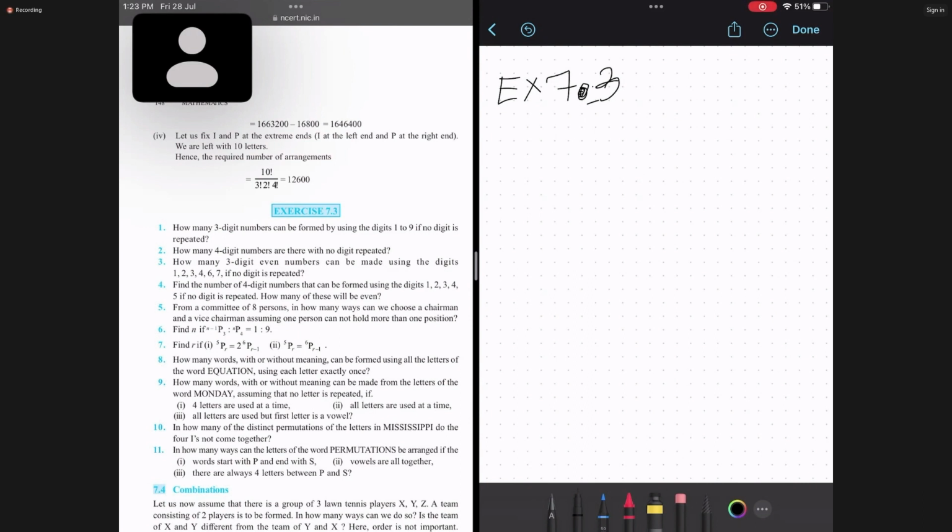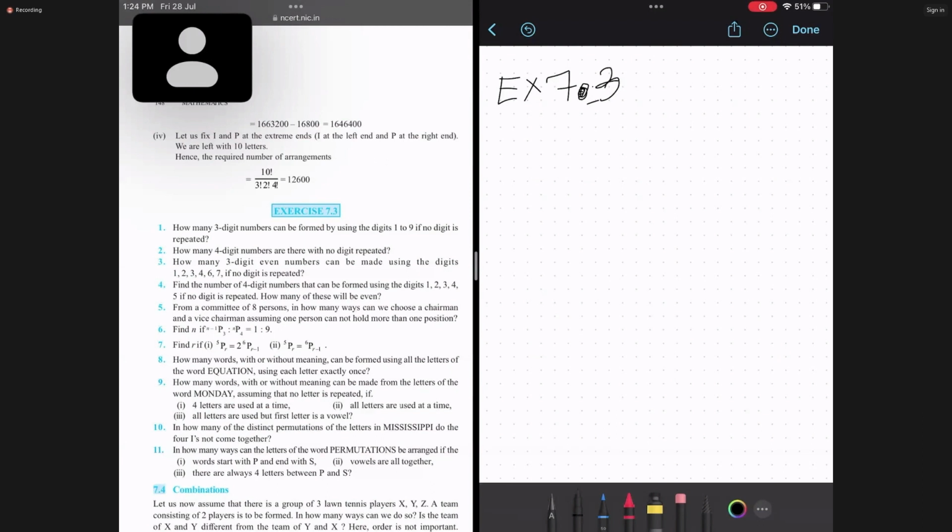The way we approach such questions is, we first calculate all the distinct permutations of the word Mississippi that are possible, and from this we subtract all those permutations where all the 4 I's are together, correct? That is how we are going to solve this question.